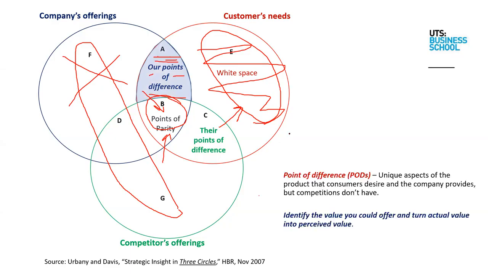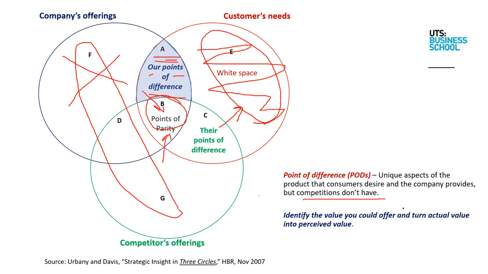So it is not only your point of differentiation, but you also have to take into account what the customer offerings are. So the point of difference are the unique aspects of the products that consumers desire and the company can provide, but the competitors do not provide that.